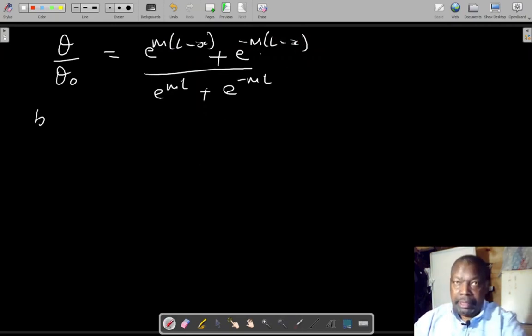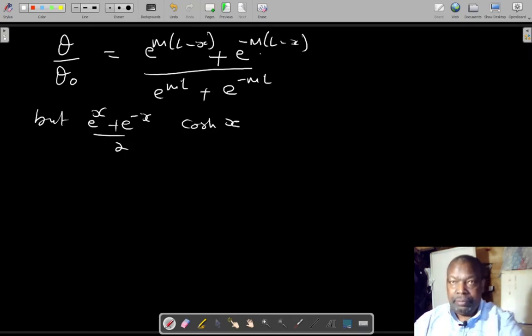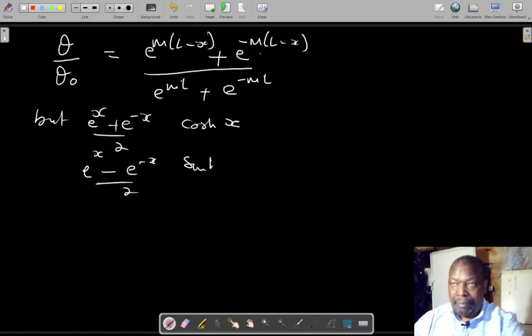But e raised to the power of x plus e raised to the power of minus x, divided by 2, is cos hyperbolic of x, and e^x minus e^(-x) over 2 is sine hyperbolic of x.